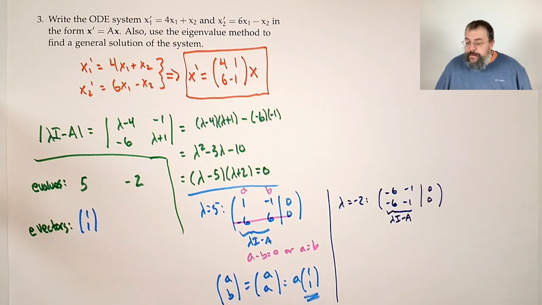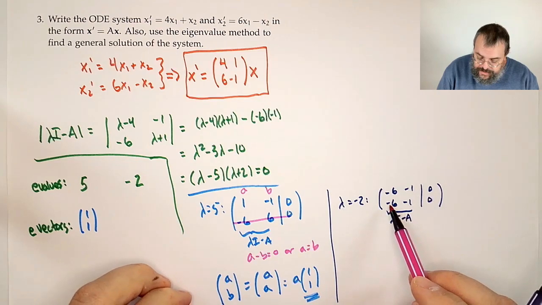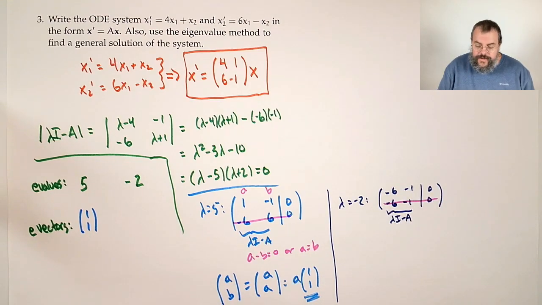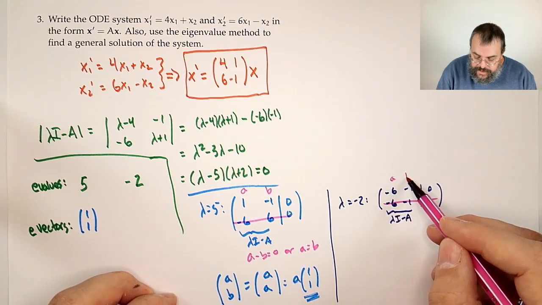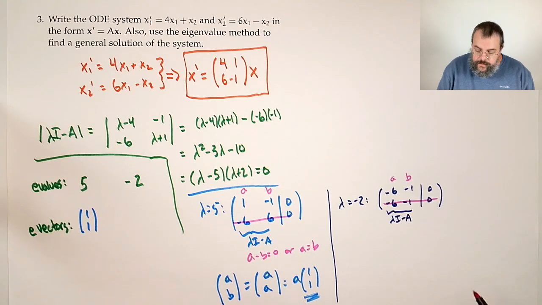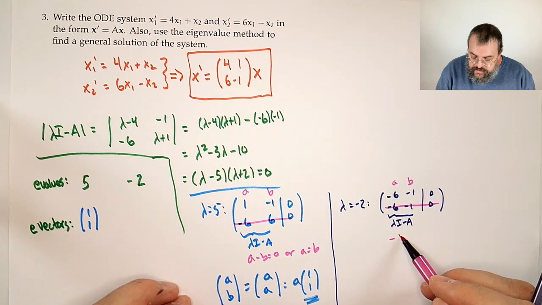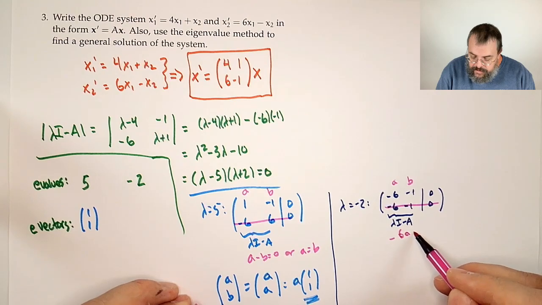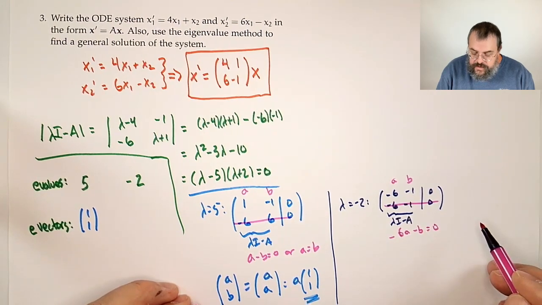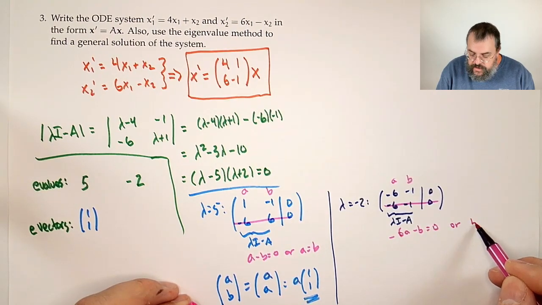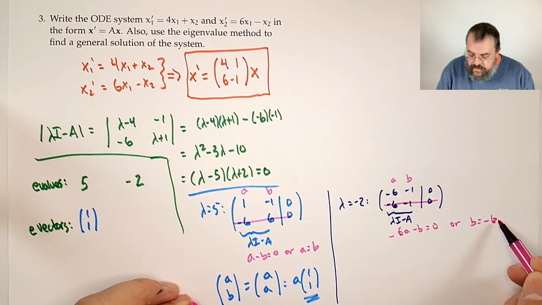But same process as what we just did. Again, we see, look, it's redundant. They're the same, so we can knock one out. And we have our a and our b. And so what do we have? Well, minus 6a minus b equals 0, or we could say, look, b equals minus 6 times a.